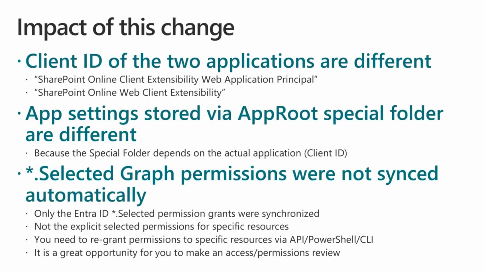So whenever you relied on the client ID of the application to do stuff like retrieving a token or consuming an API which is bound to a specific application registration, since we have two different applications, the behavior will change. So whenever you were used to relying on the client ID of the old application, now you need to rely on the new one, just to make an example.